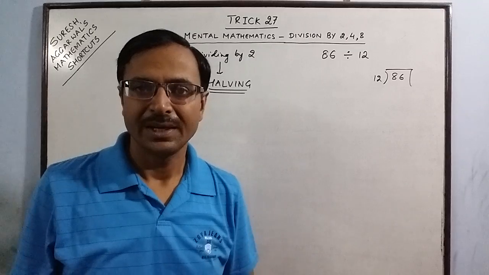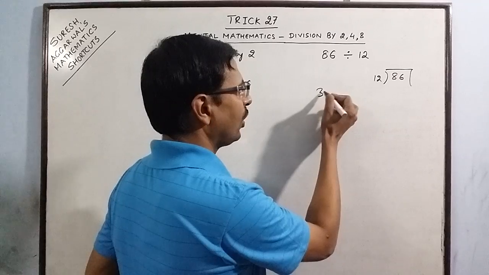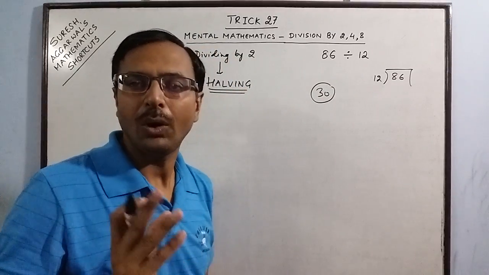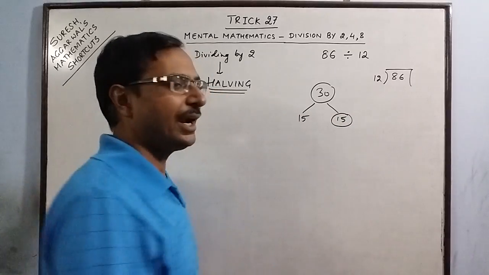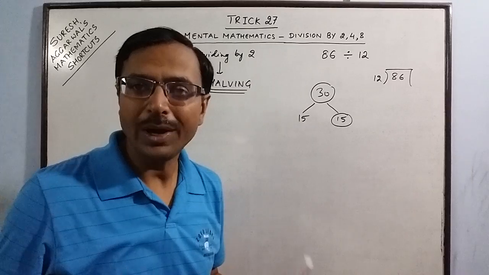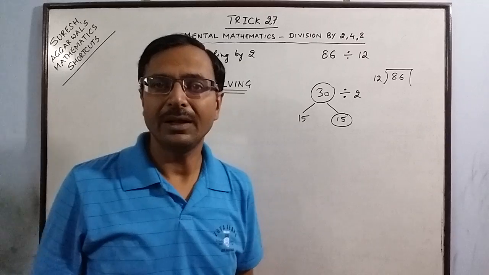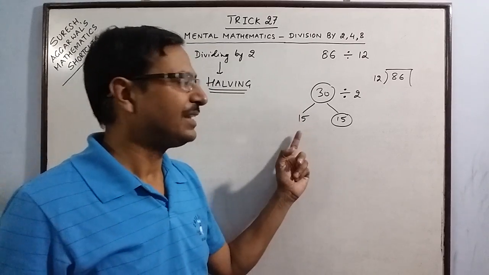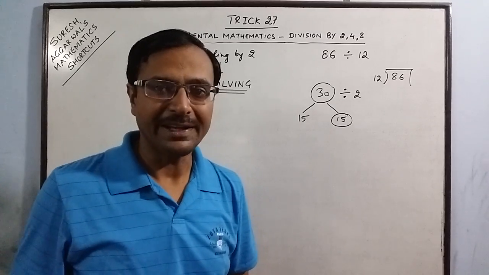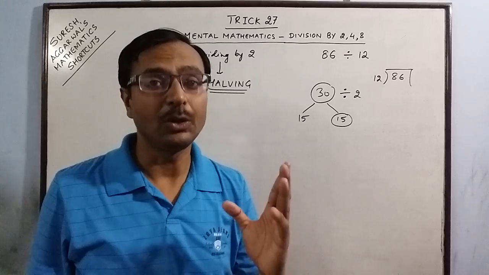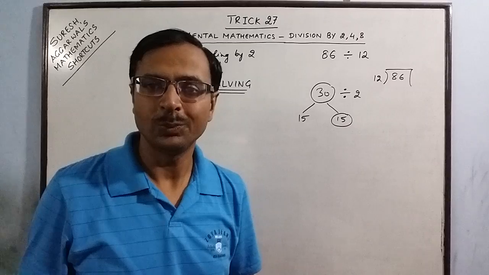So if a child knows that I have to make two parts of 30, he will tell you on the spot that equal parts of 30 will give you 15 each, and you have to tell them that actually you have divided 30 by 2. So instead of performing the long division method, they will tell you that the quotient is 15, without actually dividing, only on the basis of the fact that they know what we mean by dividing a number by 2.